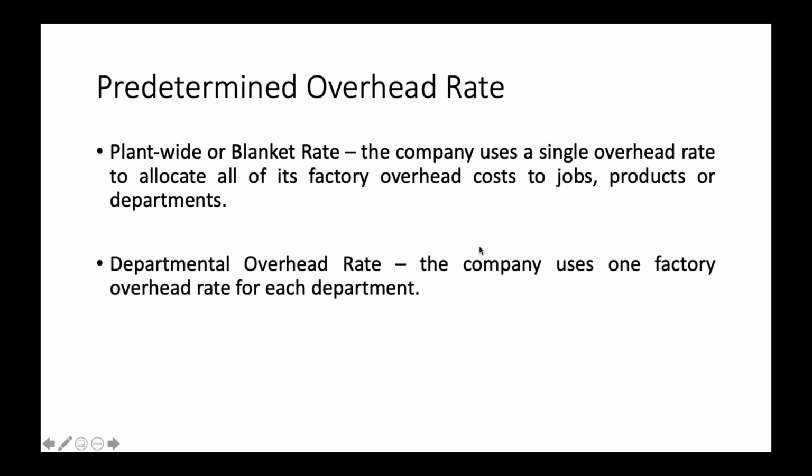Now, the predetermined overhead rate could be applied either on a plant-wide basis or on a per department basis. When we say plant-wide or blanket rate, the company uses a single overhead rate to allocate all of its factory overhead costs to jobs, product, or department.